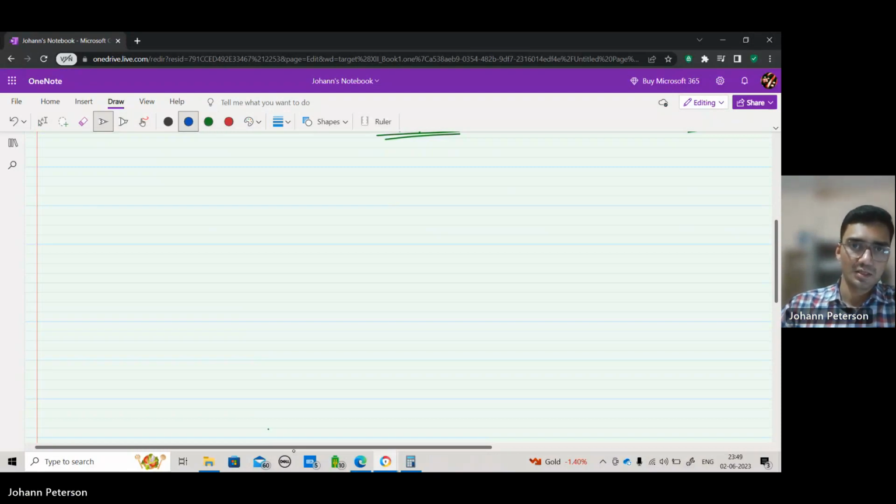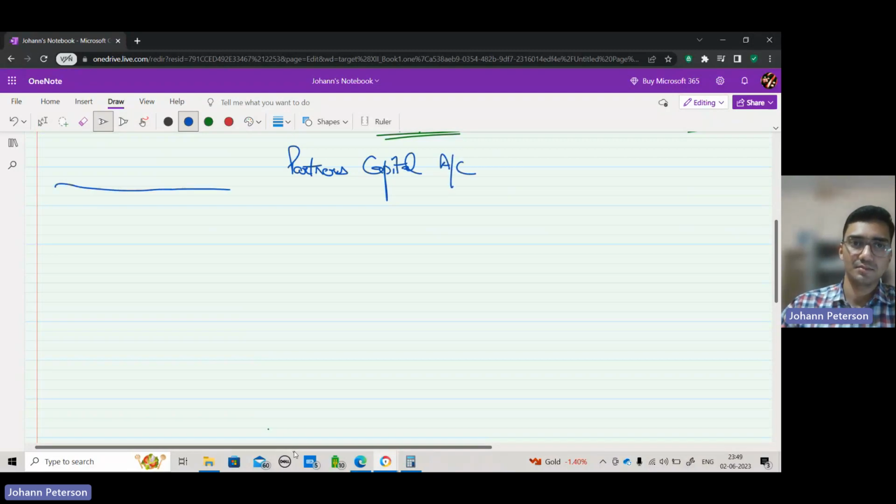So again, partner's capital account, it will have two sides, a debit and a credit.